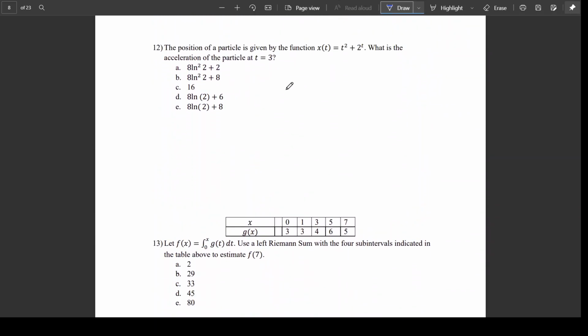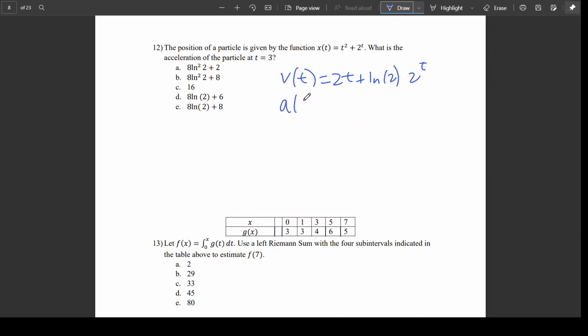Question 12. Position of a particle is given by x of t is equal to t squared plus 2 to the t. What is the acceleration of the particle at t equals 3? Finally, a straightforward question, right? So all we've got to do is find the acceleration by taking the second derivative of the position. Okay, so we'll start with the first derivative, which is the velocity. That's going to give us 2t plus ln of 2 times 2 to the t.